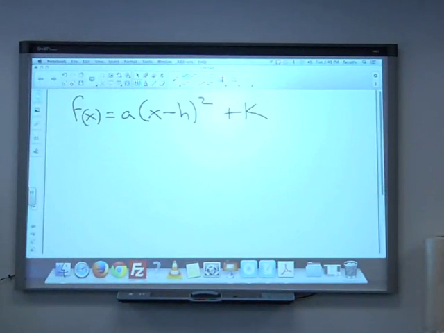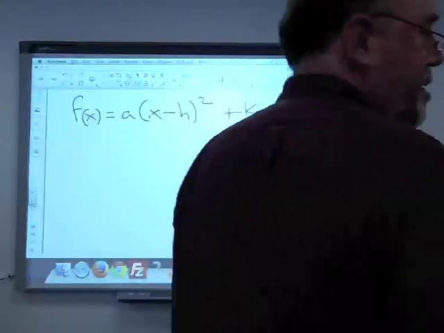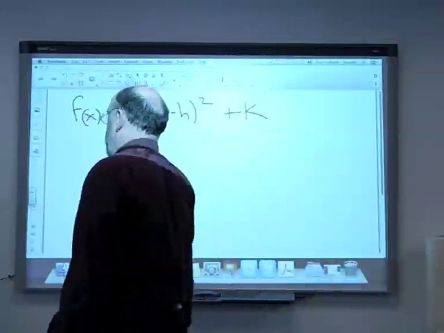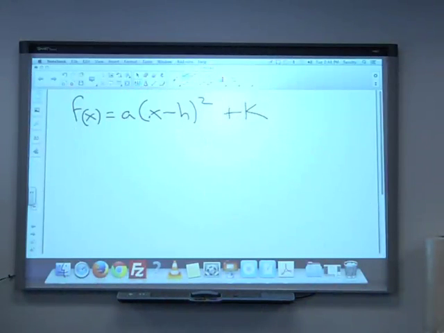So in terms of a quadratic, like the one we just did, another way I can write that equation is in this form. f of x equals a times the quantity x minus h, squared, plus k, right? I could take the one I had and rewrite it and get something that looks like this.